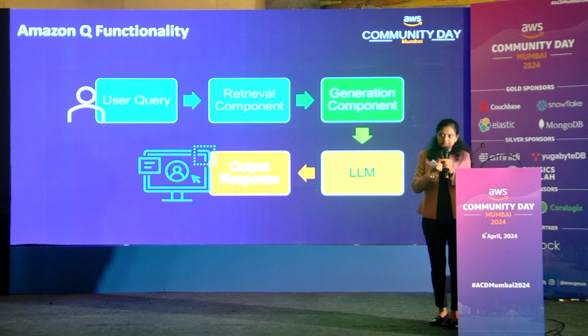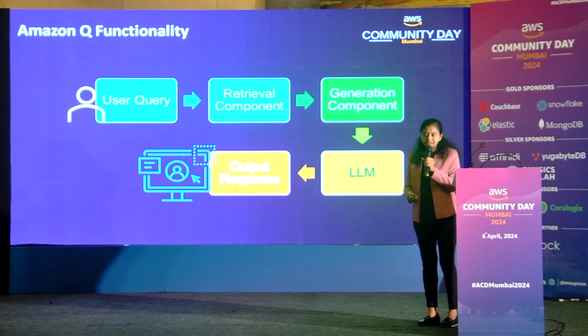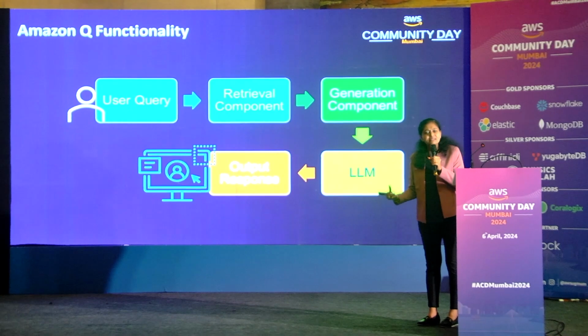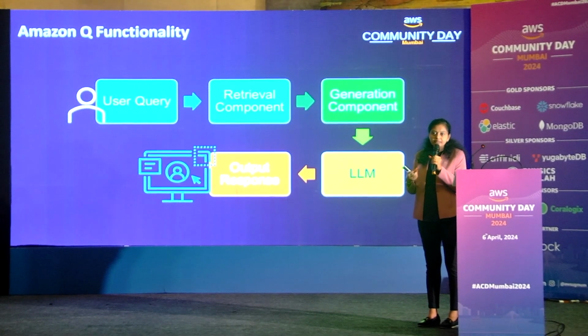That search content is fed to the Amazon Q application that is created. The search query is passed on to the retrieval component. The retrieval component fetches a couple of documents. Where do these documents come from?